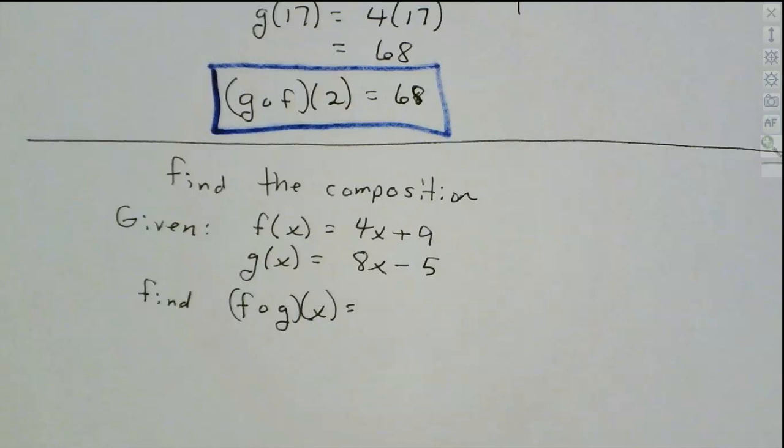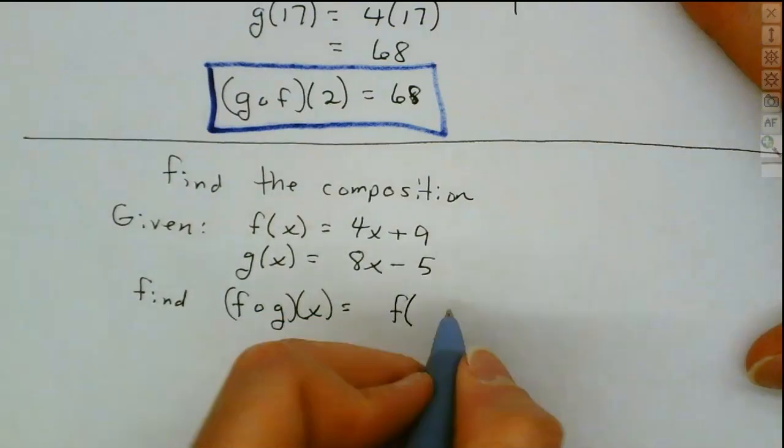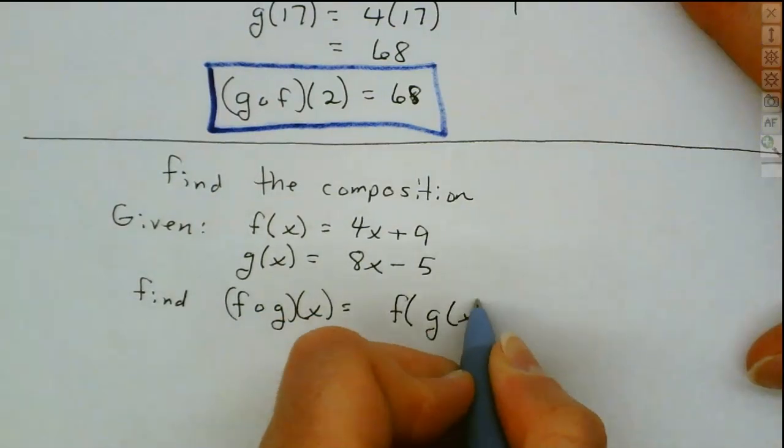I want you to find f composed with g of x. Now, first thing I look at is what's my answer going to be? My answer is going to be a variable, right? Variable in, variable out. So I rewrite this as f out in front, g of x on the inside.